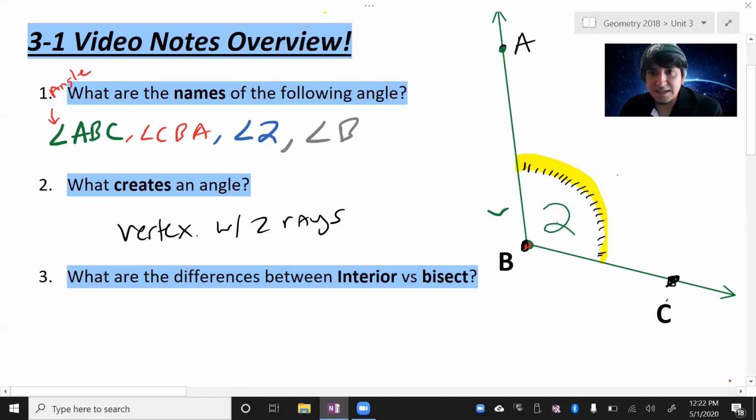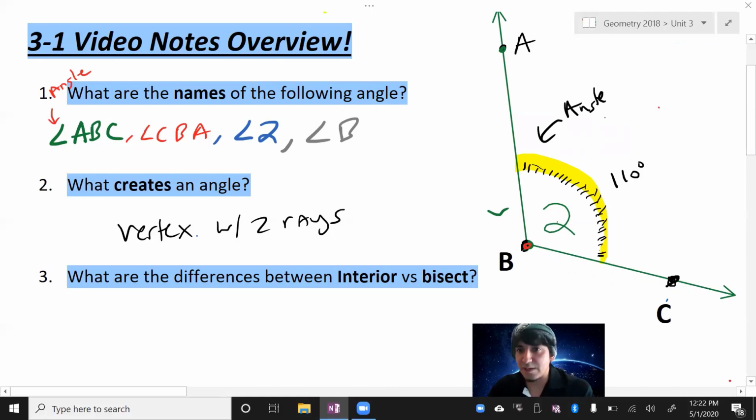It can be like 110 degrees, and you count 1, 2, 3, 4, 5, 6, 7, 8, 9, 10. 110 degrees will be there. I don't have the time to make all the lines, but that's one thing we have to understand, that this is actually the angle that's created.